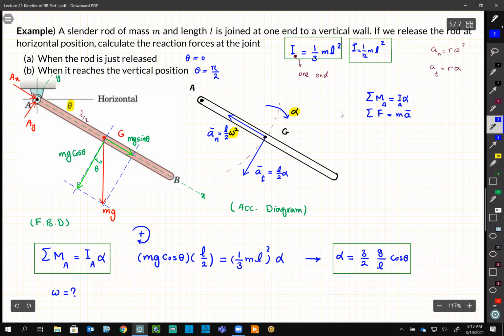If you recall, I told you before in an earlier chapter that this is an important formula. So let me go to the next page. We can write down the relation that we know exists between omega, theta, and alpha.